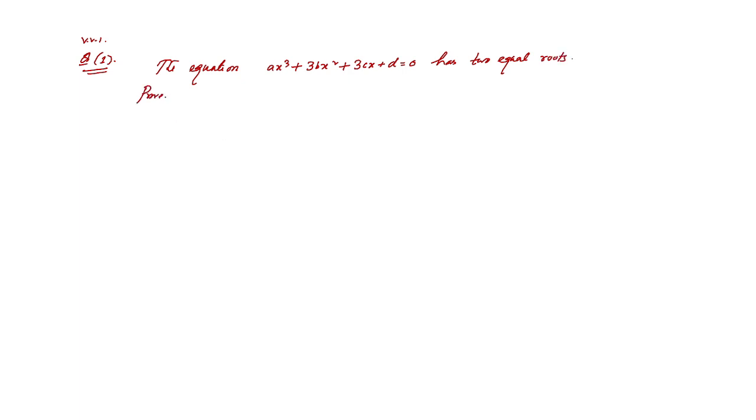Then prove that (BC minus AD) whole square equals 4 into (B square minus AC) into (C square minus BD), and the equal root is half of (BC minus AD) by (AC minus B square).